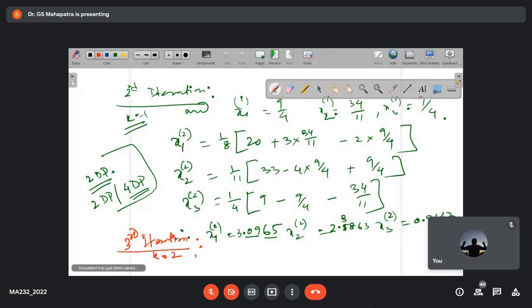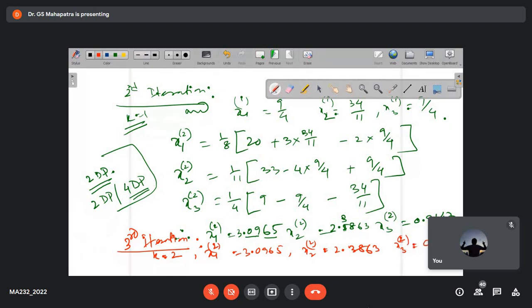And k is 2, x1 2 is 3.0965, x2 2 is 2.3863, and x3 2 is 0.9147.